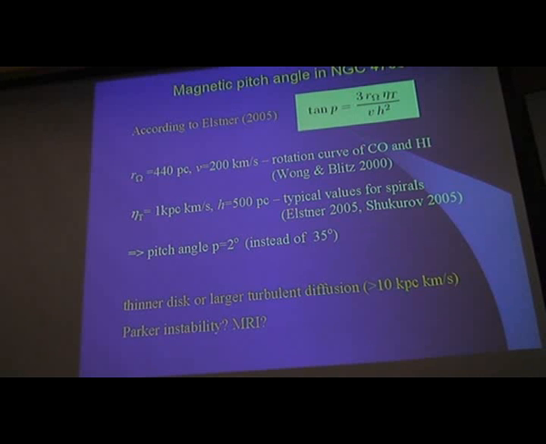So the turbulence in the ring must be larger than normal and maintained by, I don't know, maybe Parker instability or magnetorotational instability. This is to be determined. What is the cause of this enhanced turbulence? Why are the magnetic fields crossing the ring, and why are magnetic fields so strong in this early type galaxy?